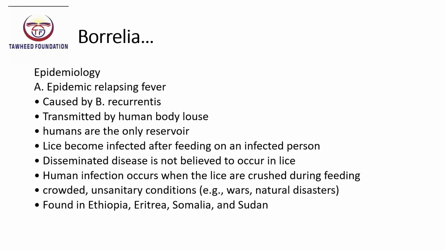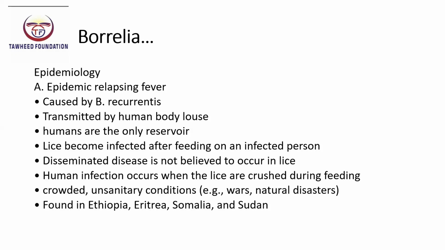Next is epidemiology. So epidemic relapsing fever is caused by Borrelia recurrentis and is transmitted exclusively by the human body louse. Humans are the only known reservoir. Transmission occurs when lice feeding on infected individuals are crushed, allowing Borrelia to enter through the skin.